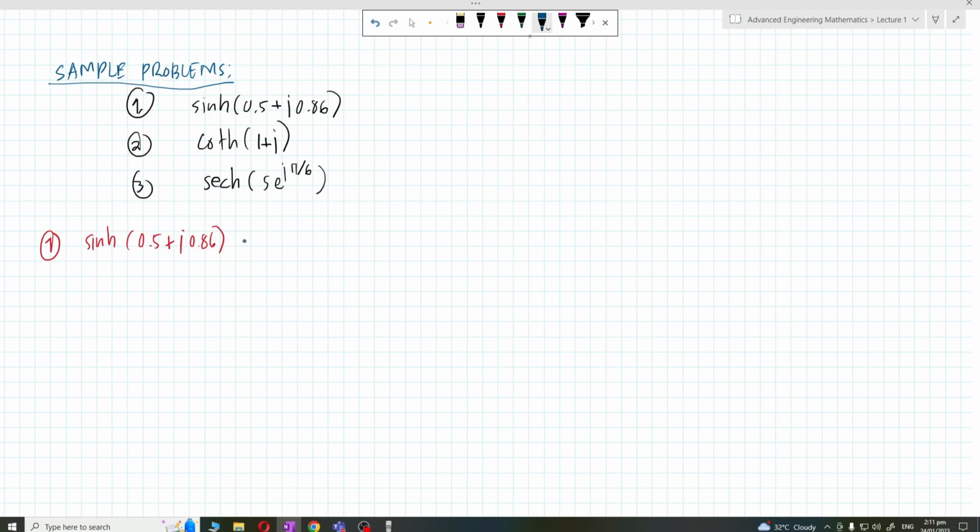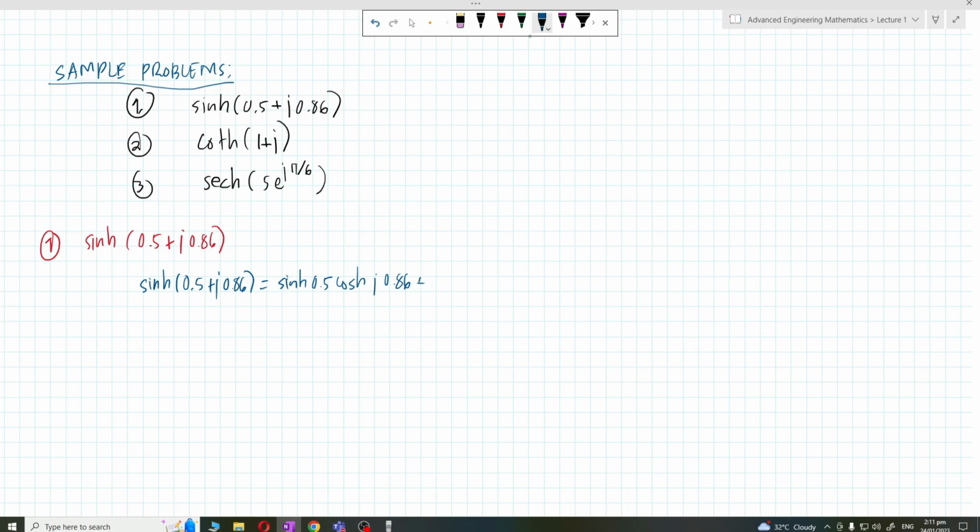So the sine hyperbolic of 0.5 plus j0.86 is the same as, pag sine a plus minus b, sine cos cosine: sine hyperbolic of 0.5, cosine hyperbolic of j0.86.